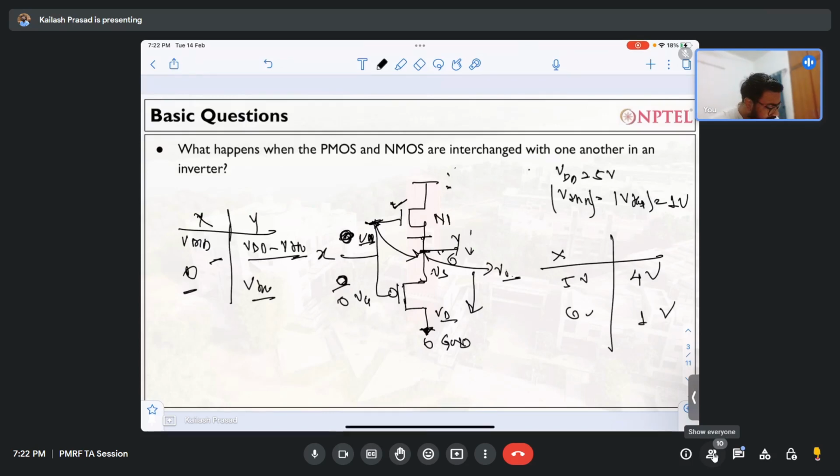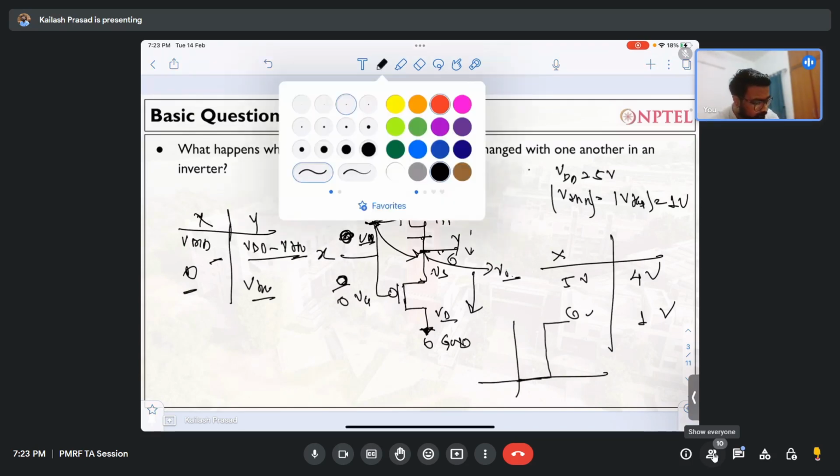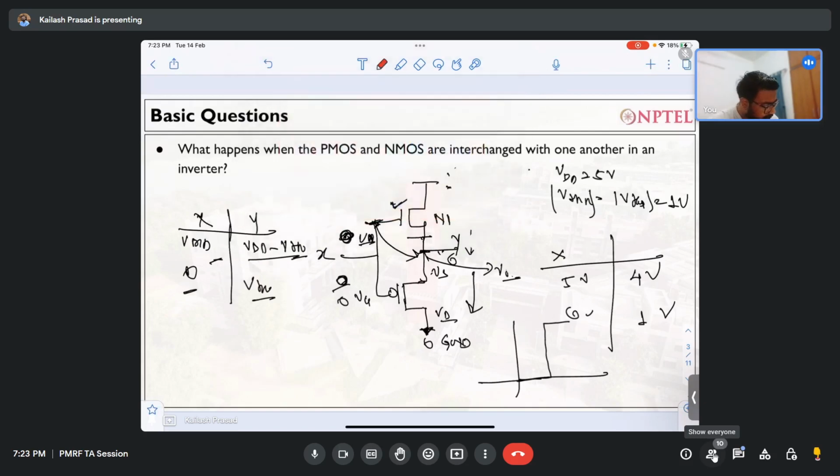So suppose you have provided 0, then you have provided 1. This was the input. What output will we be getting? The output will be like this: VTH, and VDD minus VTH.